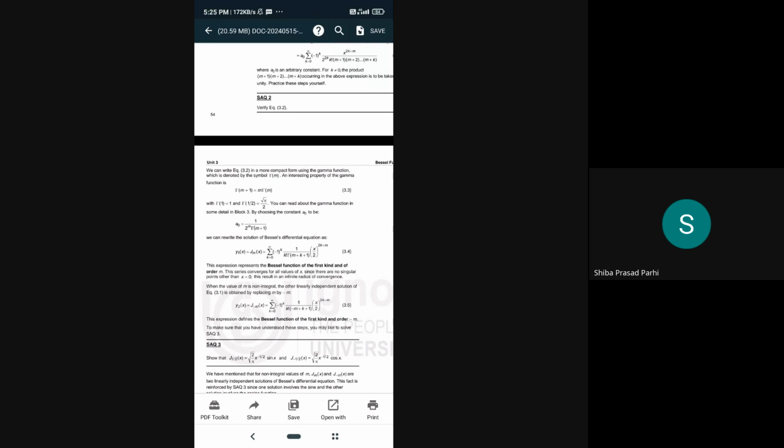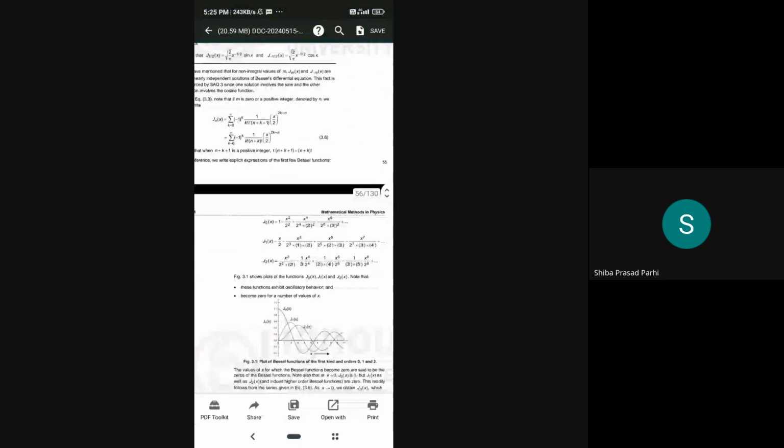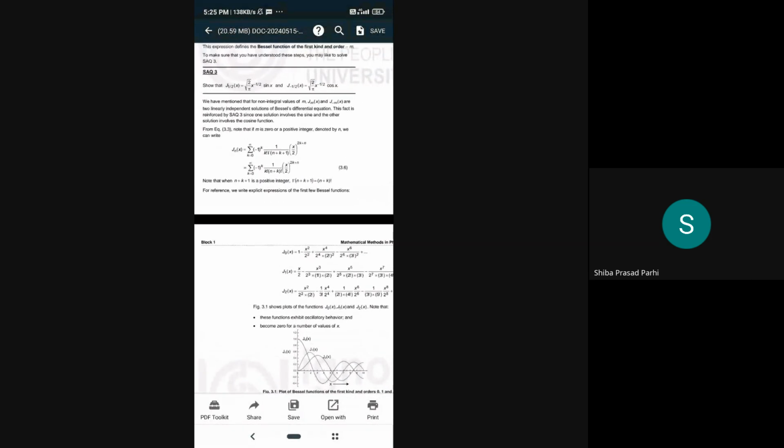For y2, it is J_minus m(x) is equal to summation k is equal to 0 to infinity minus 1 to the power k, 1 by k factorial gamma of minus m plus k plus 1, multiplied by x by 2 to the power 2k minus m. So this is order minus m, in the first case order m. So now the solutions are J_n is equal to what?